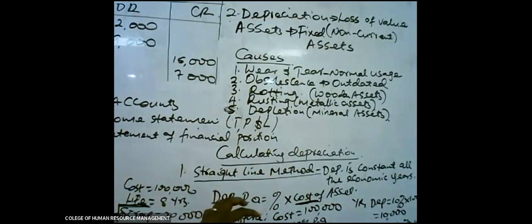Either you take the amount depreciated and divide by the number of years, or in the common exam scenarios, you are given a percentage and told it is depreciated at this percentage on cost, or at this percentage on straight line. Multiply by the cost, and you will get the depreciation for that financial year for that specific asset.